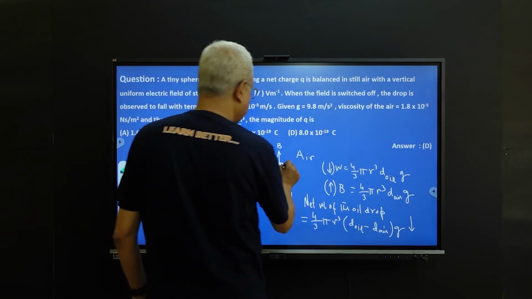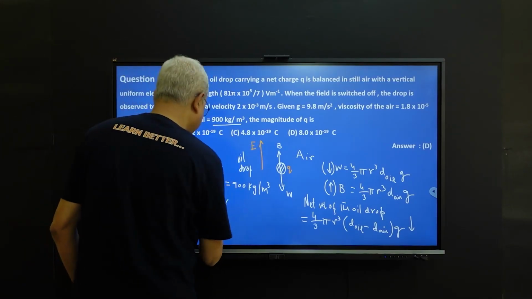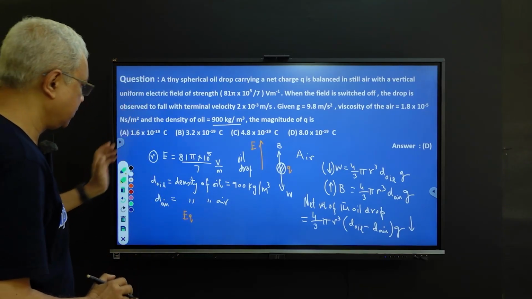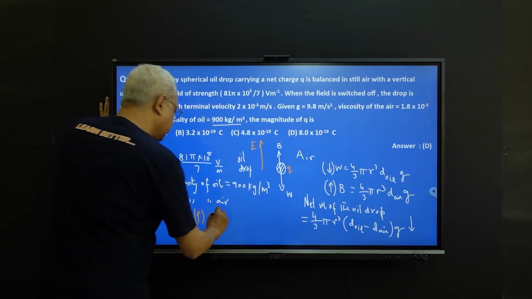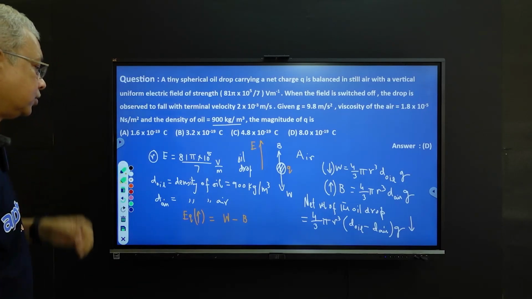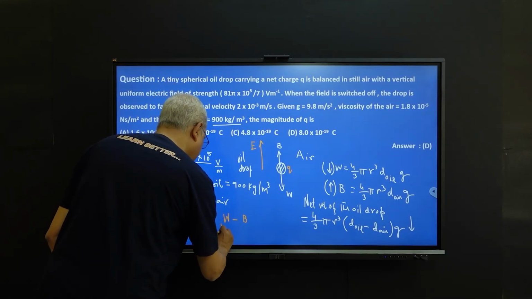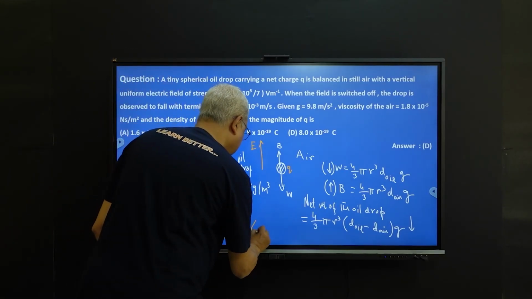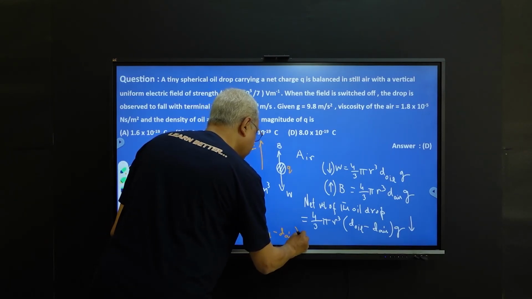So the electrostatic force, where Q is the charge of the oil drop, EQ, which is the upward electrostatic force, is equal to W minus B, which is equal to 4/3 π r cube (d oil minus d air) into g.